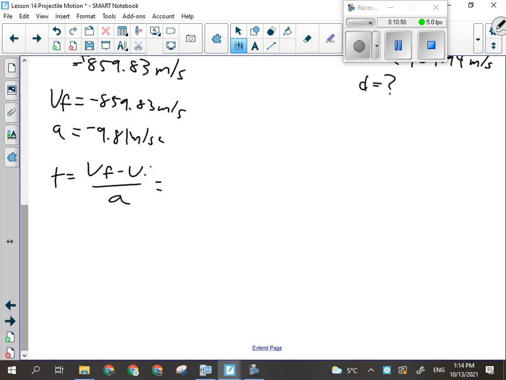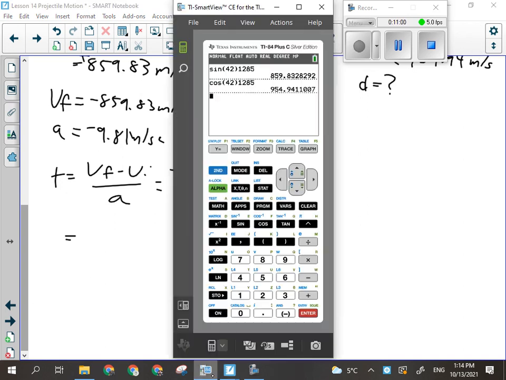So that'll be our negative 859 minus 859 over negative 9.81. Obviously, I'm keeping all the decimals when I do that calculation. So going up here and grabbing that number, multiplying it by 2, and then dividing by 9.81. Okay, so this thing's going to be in the air for 175.29 seconds.